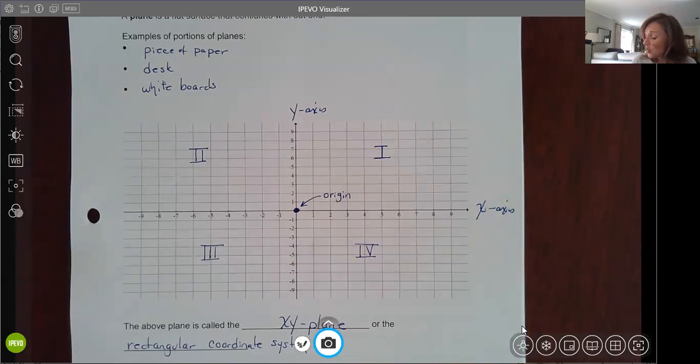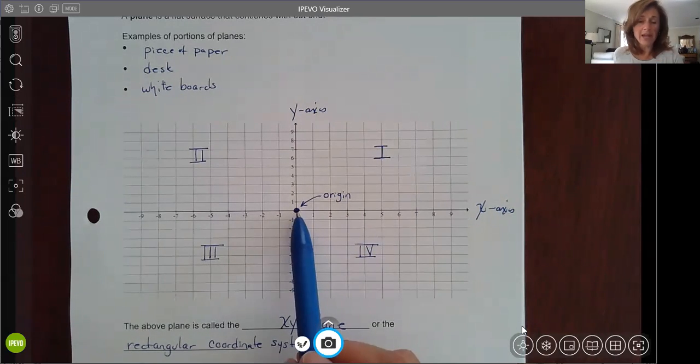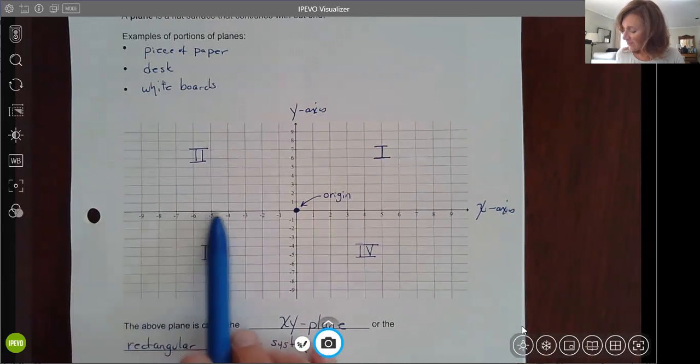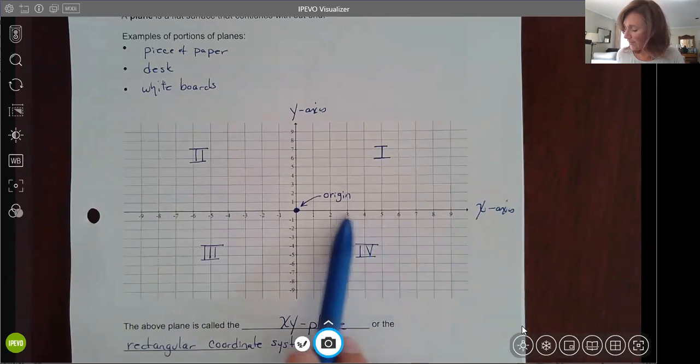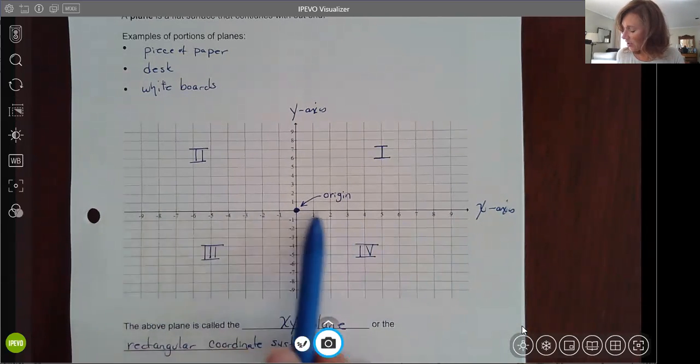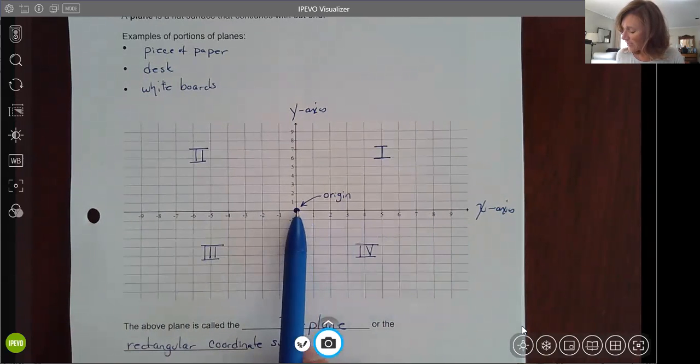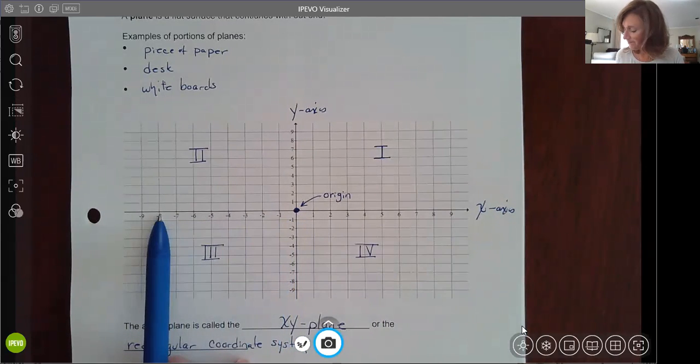All right, so the origin separates the positive x values from the negative x values. So these are considered input values, or the x value of what's called an ordered pair, which we'll get to. But that origin divides them up from positives to the right and negatives to the left.